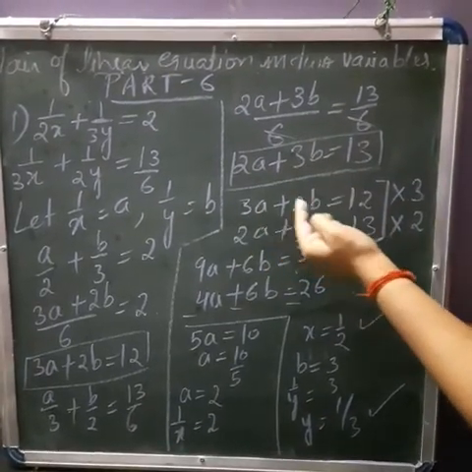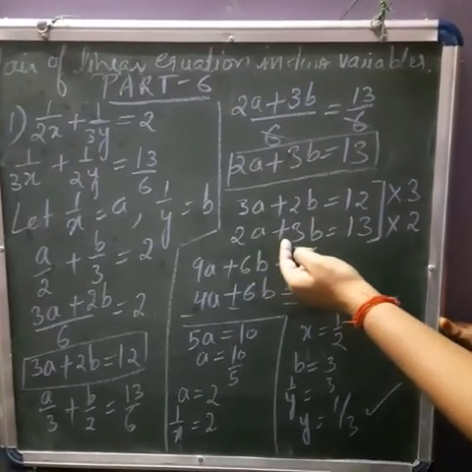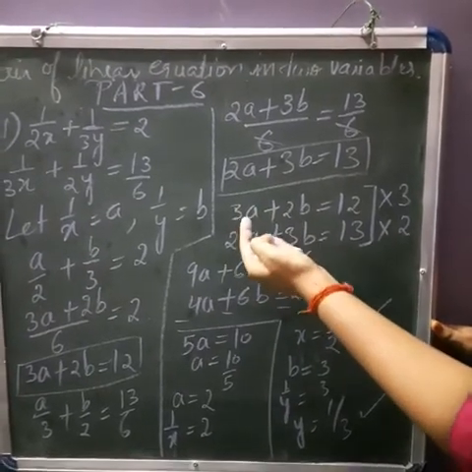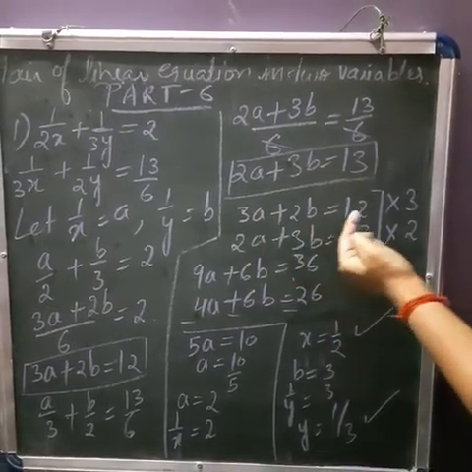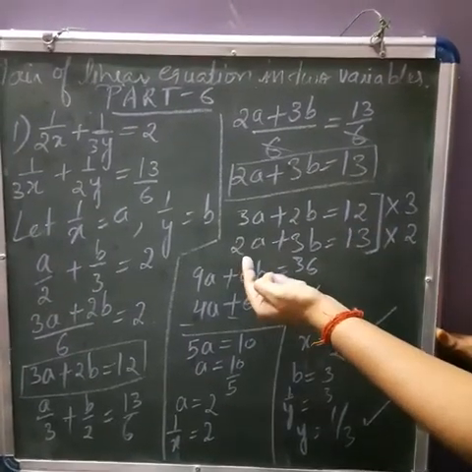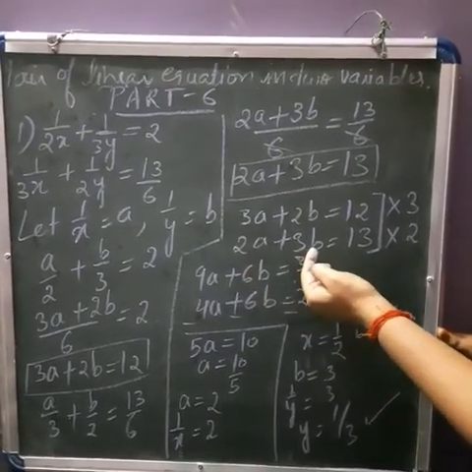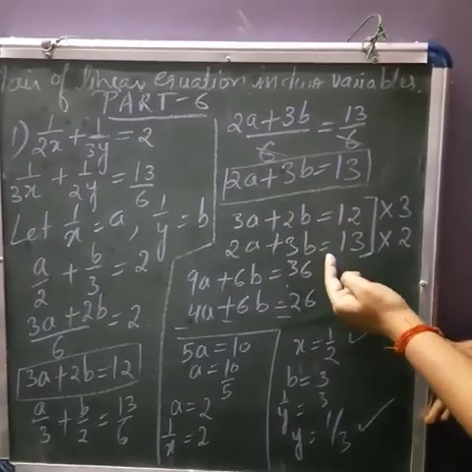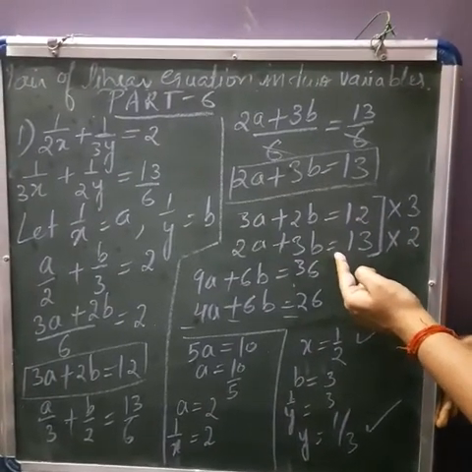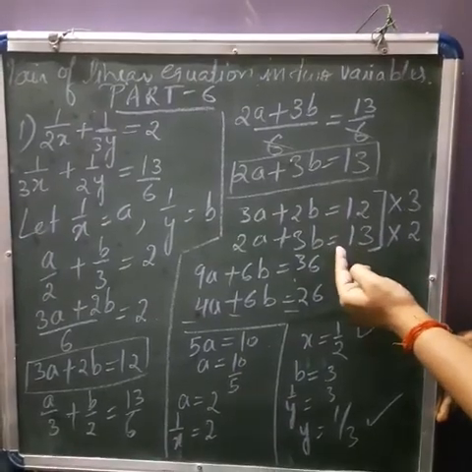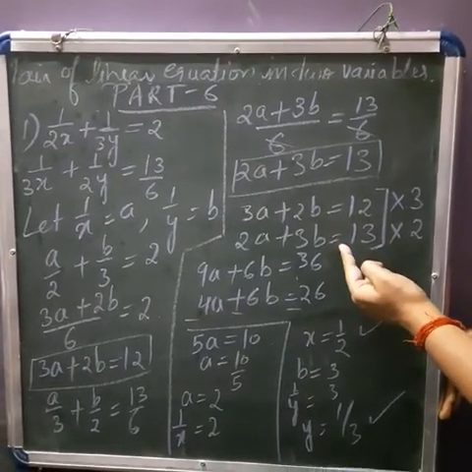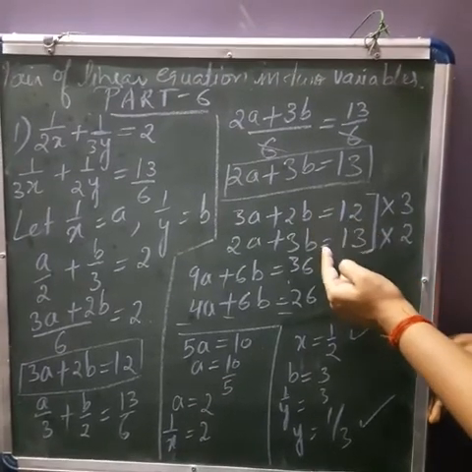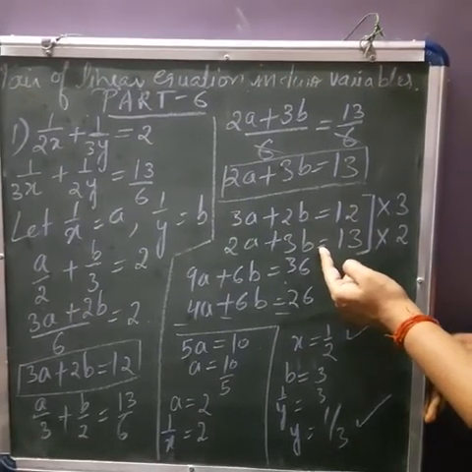Now you have to solve these equations to find the values of a and b. It is 3a plus 2b is equal to 12, equation number 1, and 2a plus 3b is equal to 13, equation number 2. You can solve these equations by any method, but here I am taking the elimination method, and I am equating the coefficient of b to eliminate b.